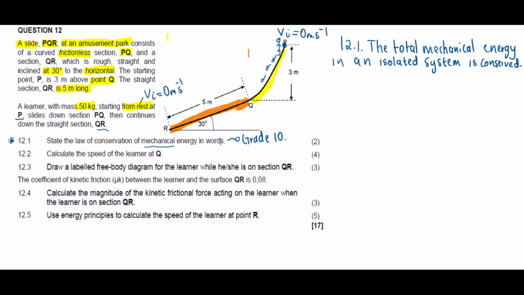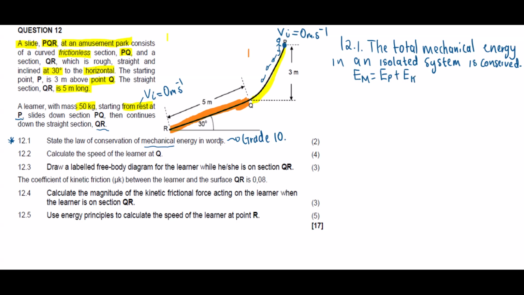You know that what comes after this is mechanical energy. What is mechanical energy? It is the sum of the potential energy and the kinetic energy at a point.